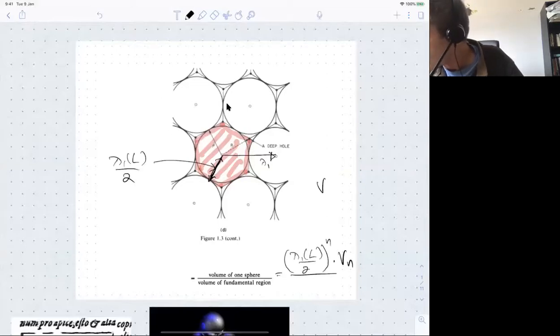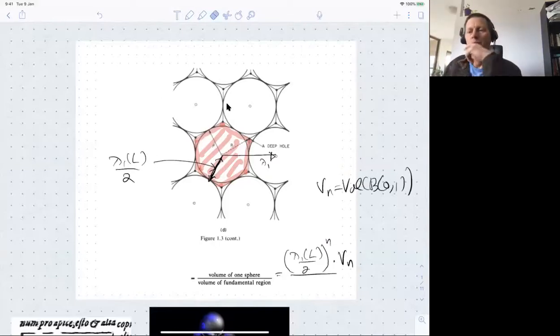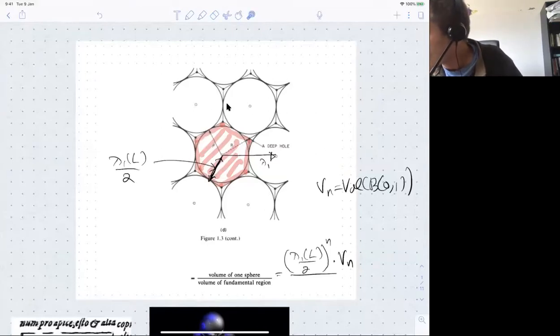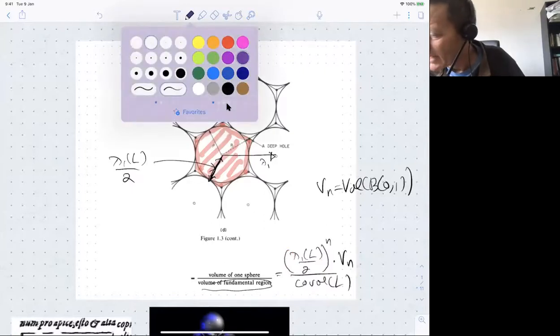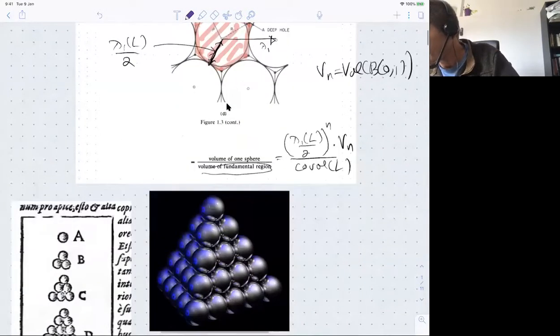Vn is the volume in R^n of the ball of radius 1. This is a well-known constant. We don't really care about this constant, it's just a normalization constant for us, but its asymptotics are very well studied. And so this is the volume of the ball whose radius is this number. And the volume of a fundamental region is the co-volume. Okay, so this is the packing density of the lattice.